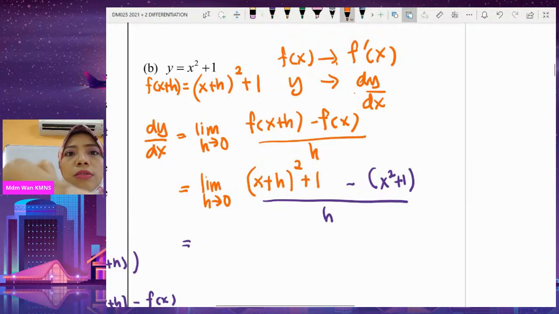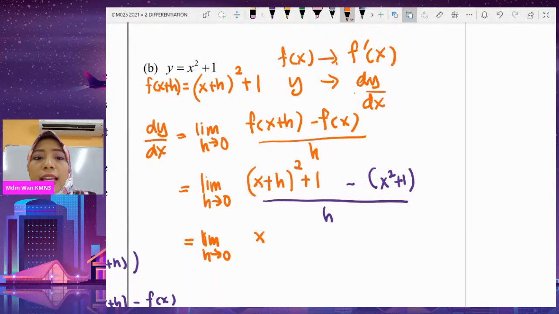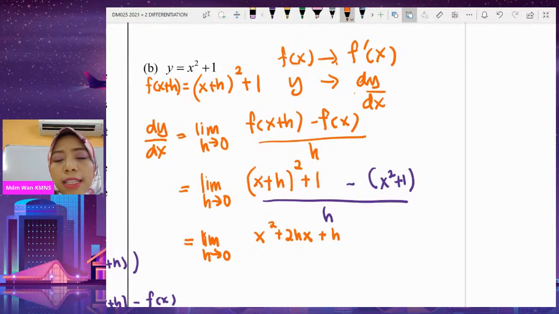So now limit h approaching 0. Expand: x square plus 2hx plus h square plus 1 minus x square minus 1, over h.